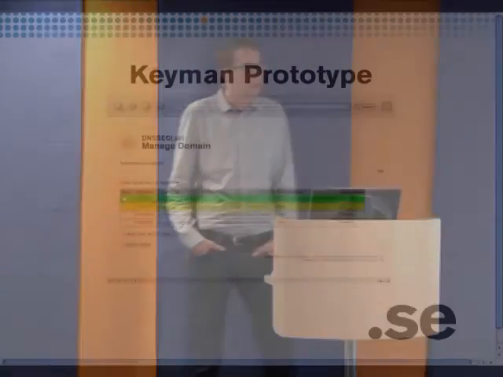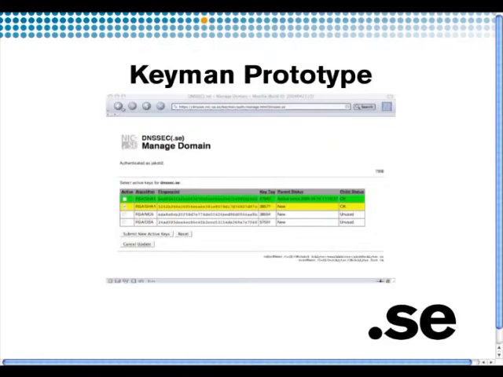We have looked and played around with a lot of different types of user interfaces. This was the first prototype we used to let child zones publish their keys in the SE zone. It was called Keyman, for Key Management prototype. When you logged into the user interface as a manager for a certain domain, the web interface queried the name servers for any keys that you had in that domain.